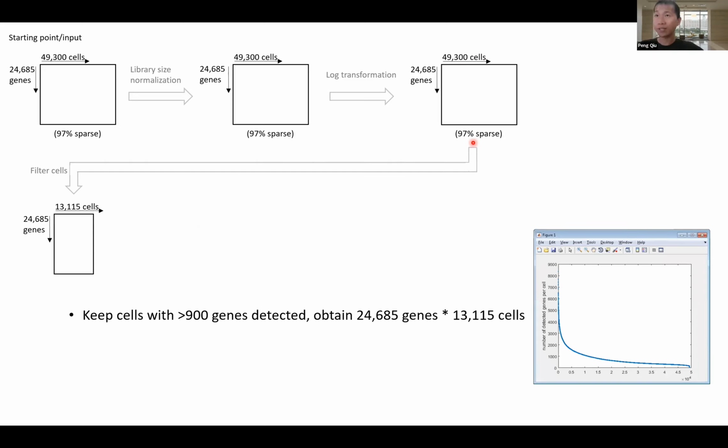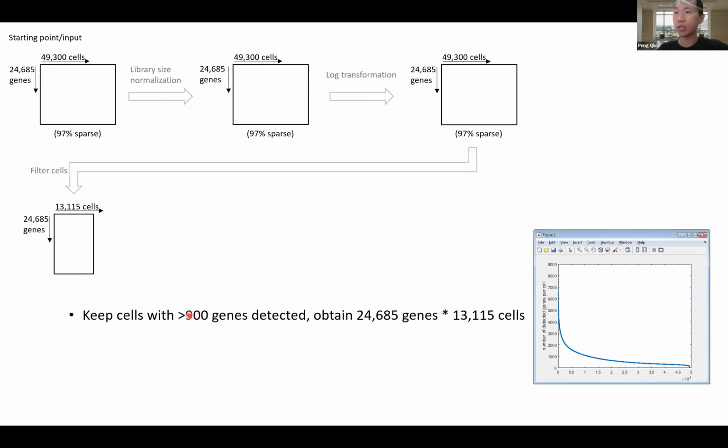Okay, so the next step, what the authors did was they chose to filter cells. In this paper, they only kept cells with more than 900 genes detected. So again, this is the same plot I just showed. For many of these cells, the number of detected genes is relatively small, right?